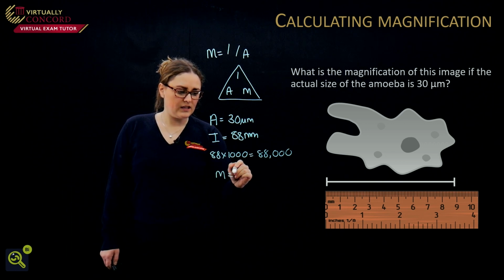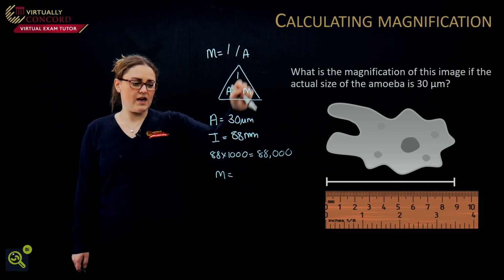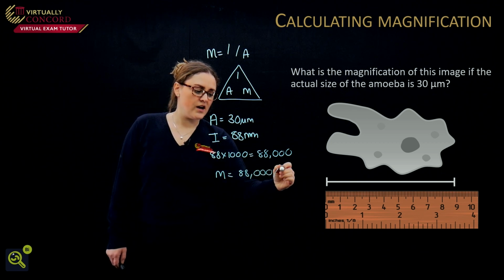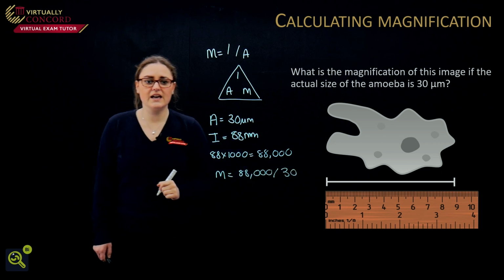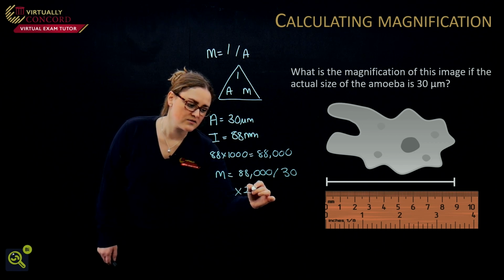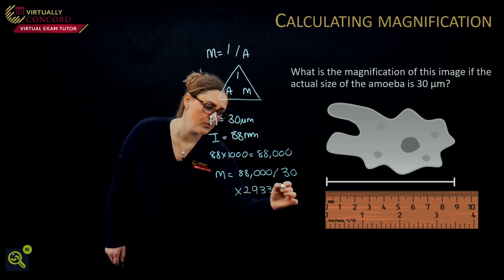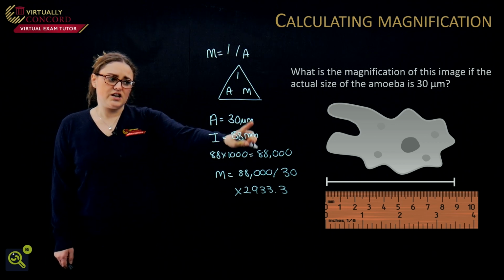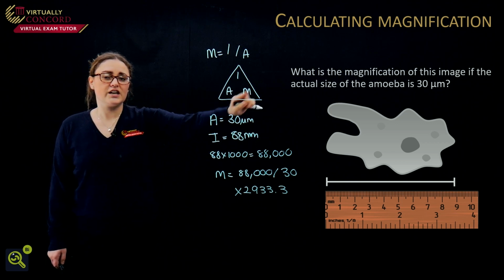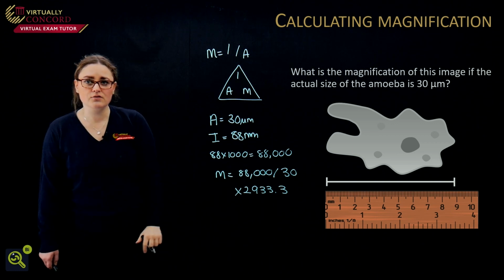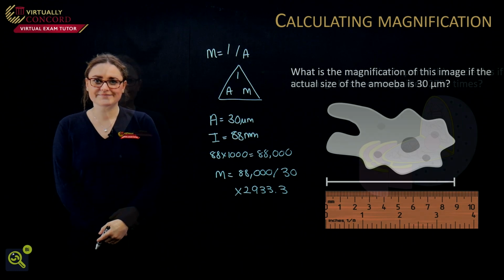M equals I over A, so image 88,000 divided by 30, and in this case it gives us a magnification of times 2,933.3. Key things: checking our units are in the right place, checking we've rearranged the equation properly, and checking that we have added the relevant unit at the end.